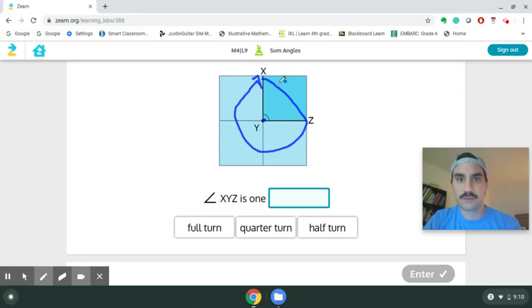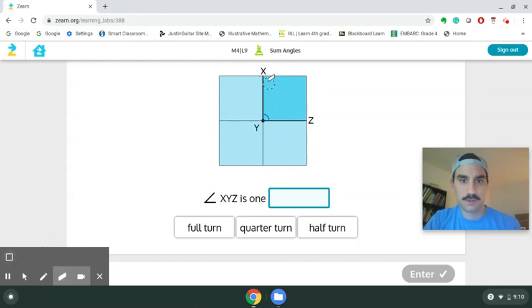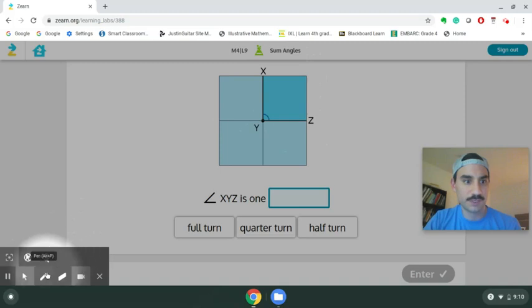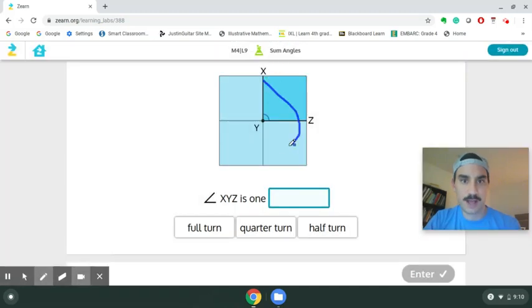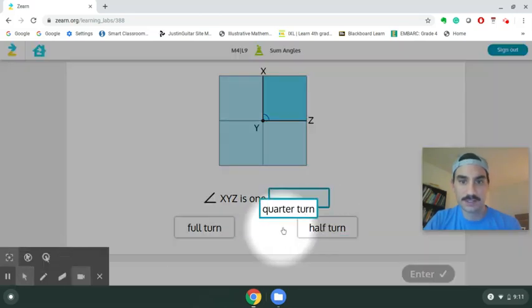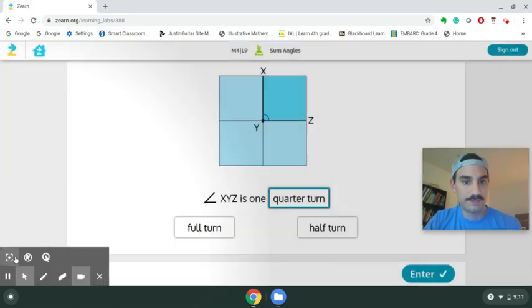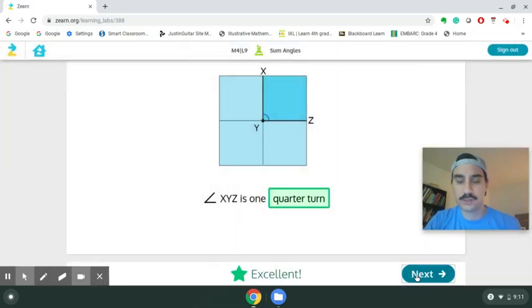And we're not going all the way around. We're just using this upper right-hand square. A half turn would be these two squares put together. So it would be around like this. So this leaves us with one possible option. Go ahead and select it. If you said a quarter turn, you are correct.